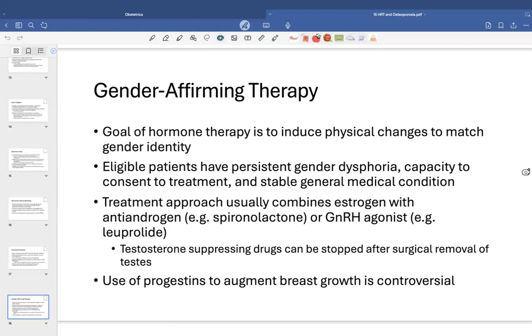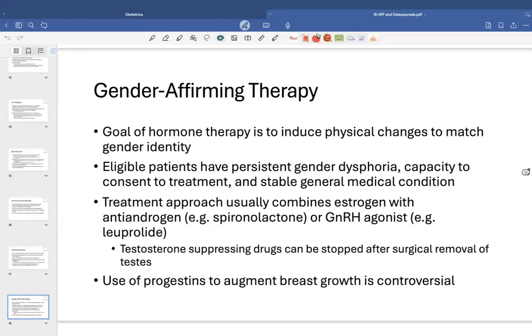Basically, there will be a combination of drug therapy, which will block the androgen inputs, and the estrogen that will be more feminizing.